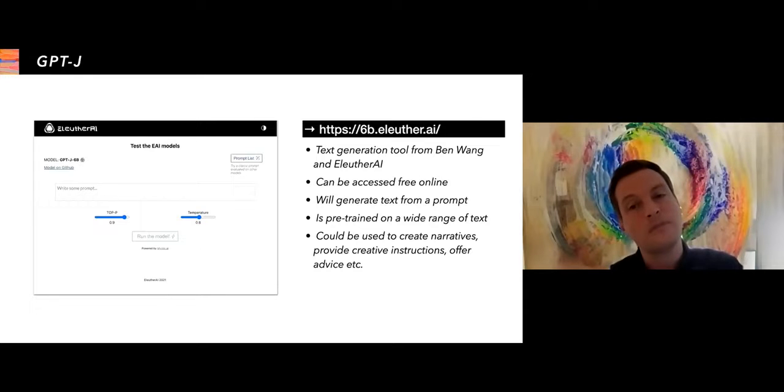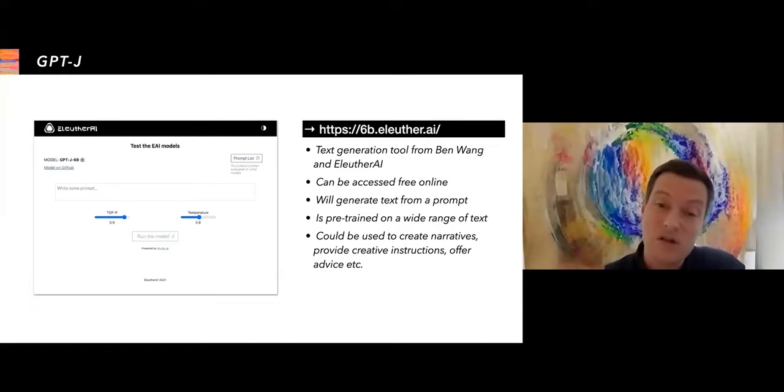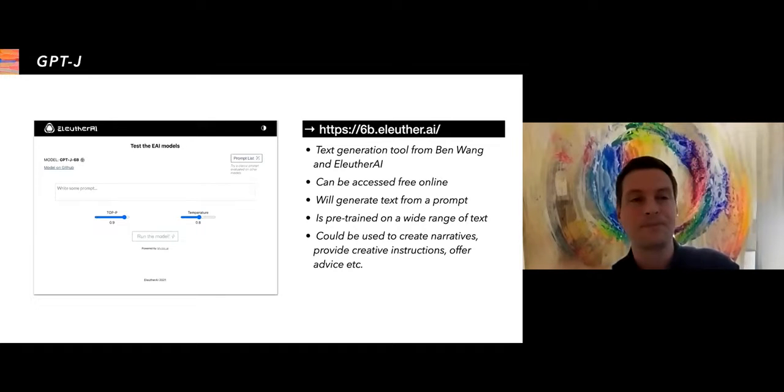It will allow you to put a prompt in, so you can put a sentence in, ask a question, or give it the first line of something, and then have it respond to that or continue that in some way. So it could be used to create narratives, as a creative writing tool. You can use it to create instructions, like we saw in some of the instruction art examples, offer advice, or respond to questions, all kinds of things like that.